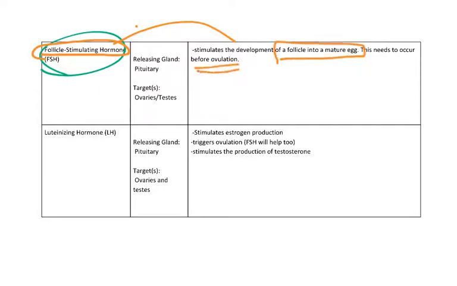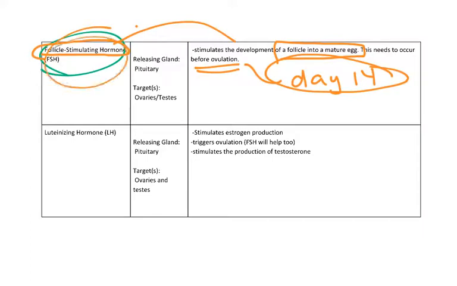This needs to occur before ovulation. And when we go to our next video, ovulation occurs approximately around day 14 in most women. When we look at a 28-day menstrual cycle, we refer to ovulation being approximately around day 14. So what we need to look at is, when would FSH be high in the menstrual cycle? Well, it probably needs to spike before ovulation.